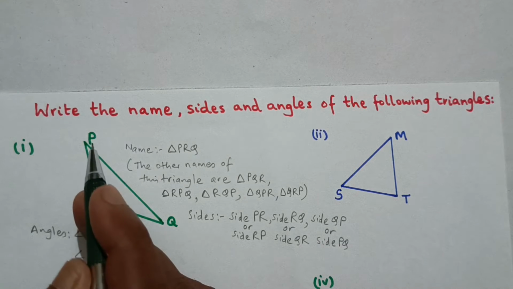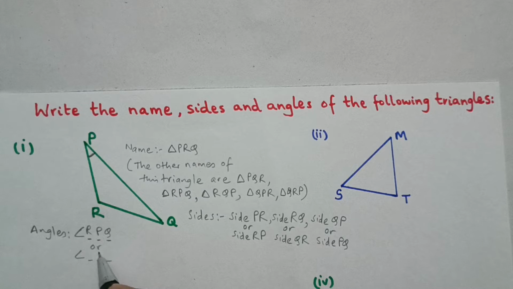since this angle is formed at corner P, P will be the middle letter, and then the other 2 letters of this triangle you will write in the remaining 2 spaces. So here I have written R over here and Q over here. For this one I will write Q over here and R over here.